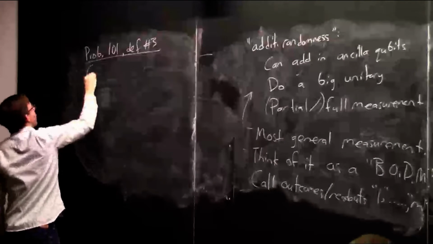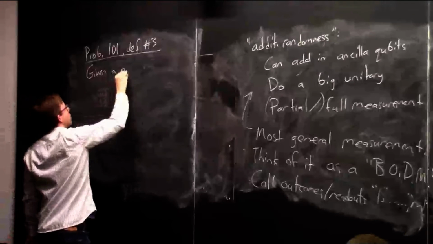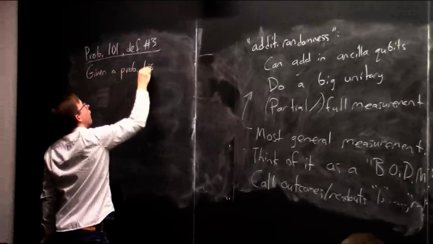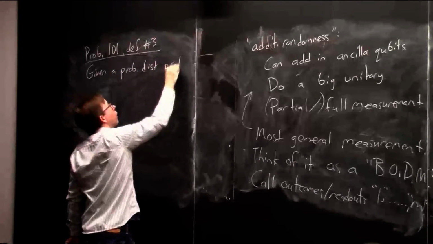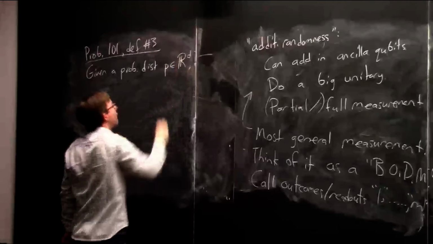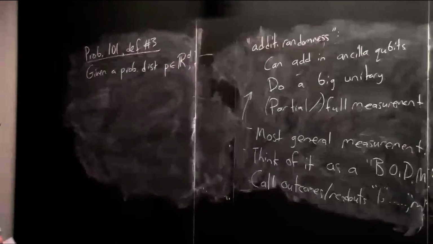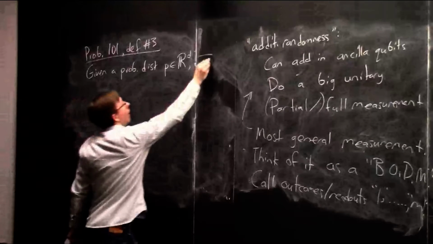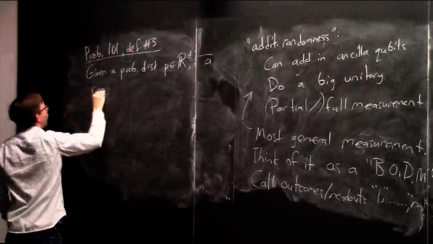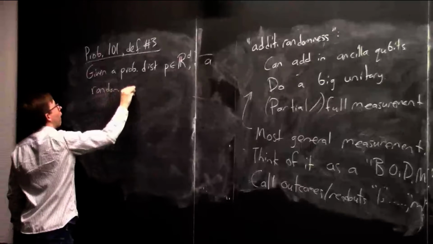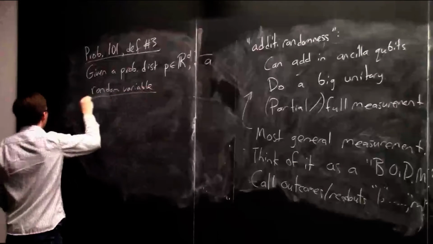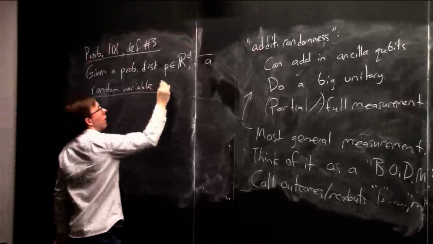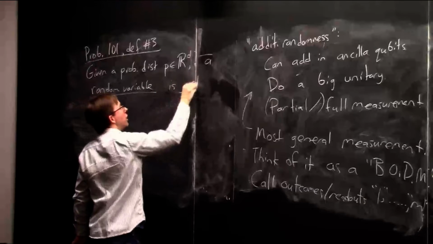Okay, so given probability distribution P with D outcomes. Actually, you really have to remember the real true definition of random variables here. A random variable is just a real number for each outcome.